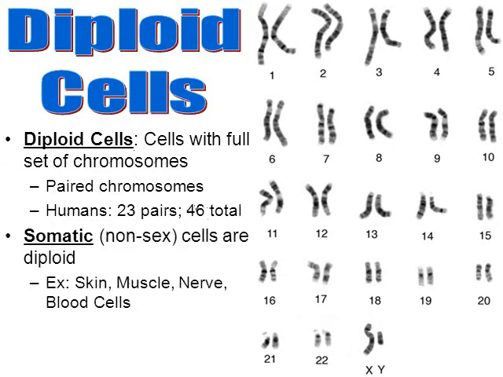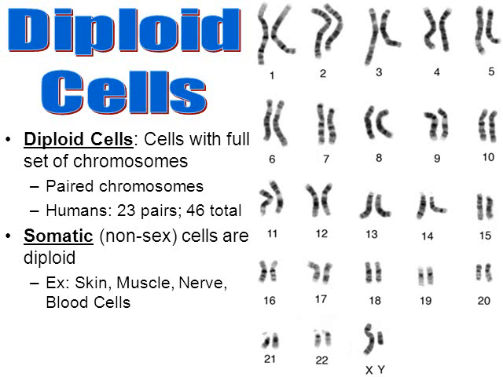23 pairs of chromosomes for a total of 46. Diploid cells are also in a category of what is called somatic cells. Somatic means that they are non-sex cells. So diploid are non-sex cells. Somatic cells are diploid, diploid are somatic. And examples of non-sex diploid cells: skin cells, muscle cells, nerve cells, red blood cells, white blood cells, brain cells.